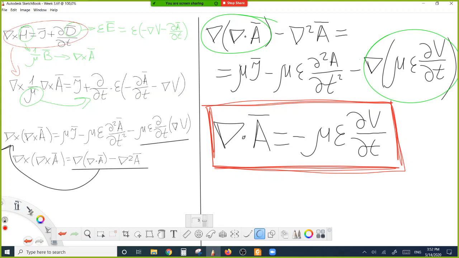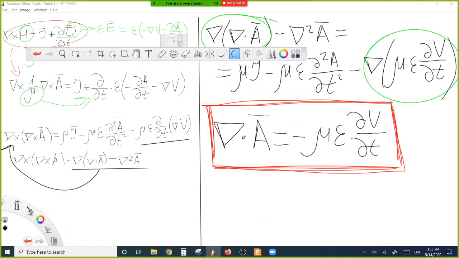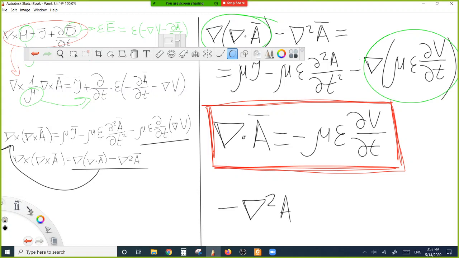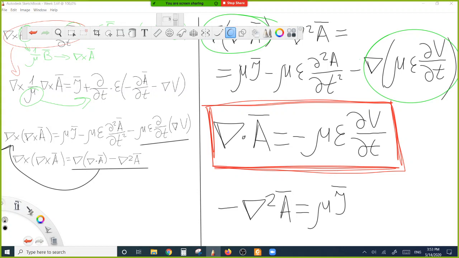The next relationship becomes minus the Laplacian of magnetic vector potential is mu j minus, and of course, mu epsilon d squared A over dt squared.